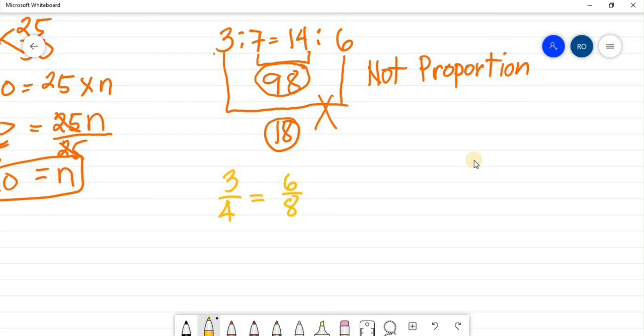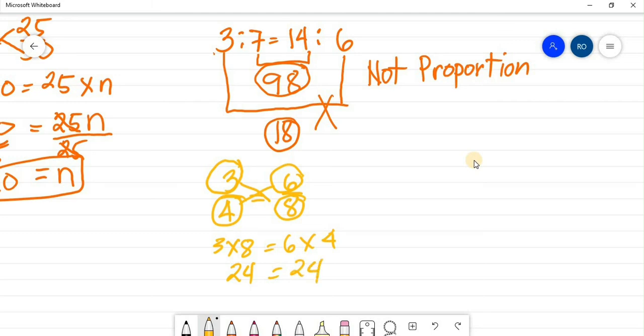How will we know if they are proportion or not? Let's use the cross product. Let's multiply the extremes. The extremes here are 3 and 8. So 3 times 8 is equal to, multiply the means also, 6 times 4. 3 times 8 is 24, as well as 6 times 4 is 24.